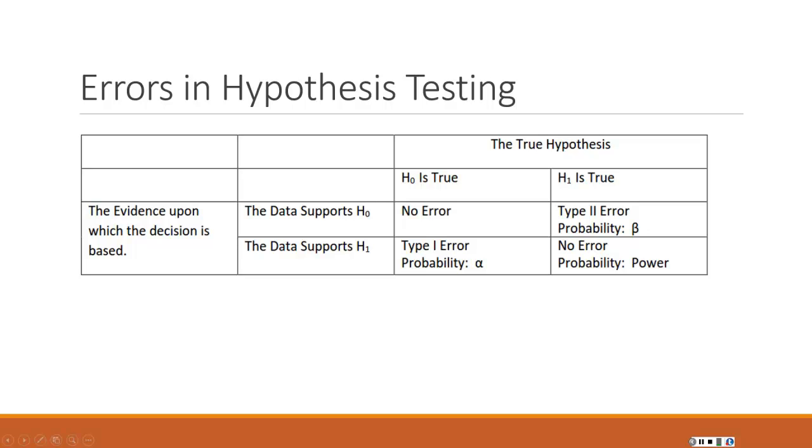Here we're assuming that for a given true H1 we would compute a beta, the probability of type 2 error, and the power of the test to detect a true alternative hypothesis.